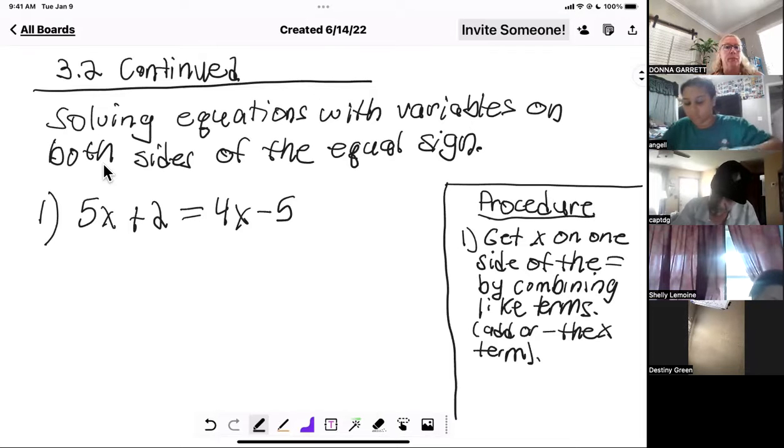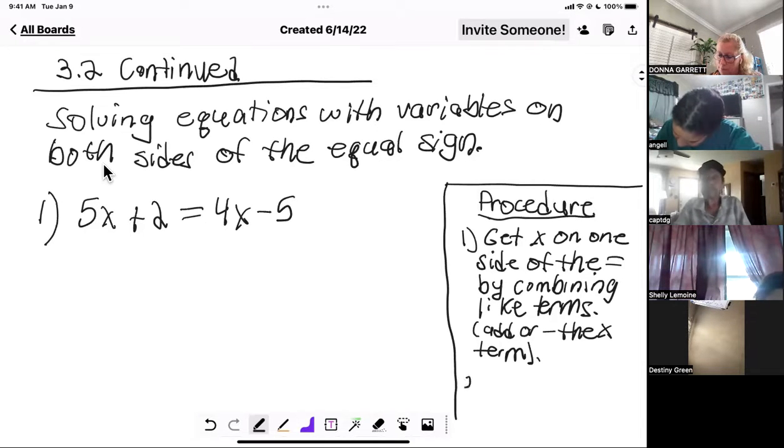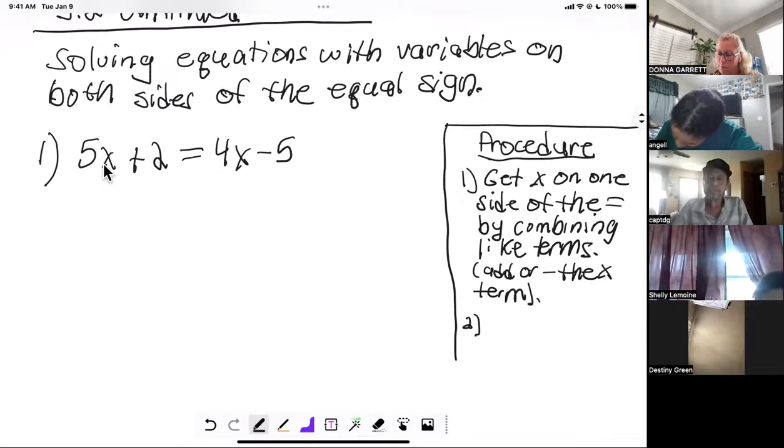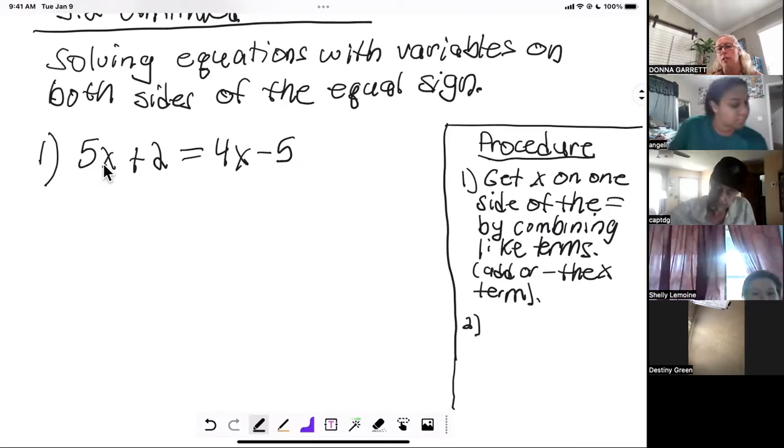That's what I'm going to put. So we're going to add or subtract the x term. We're going to move all the x's to one side of the equal sign. And then once we have x on one side, does it matter what side of the equal sign it goes on? No, it doesn't matter. It really depends on the problem, and we'll talk about that too as we go through some problems.